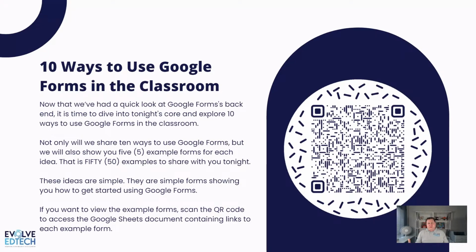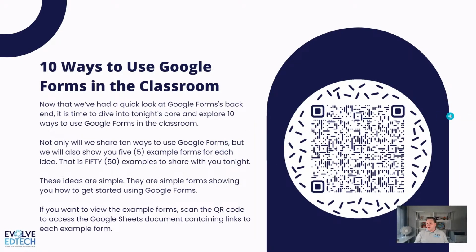If you would like to have a look at these yourself, you are more than welcome to. They are open to people, so you can respond to those if you'd really like to. Just head over and scan the QR code just here on the screen, and you'll be able to head to my Google Sheet, fingers crossed if I have set this up properly, so that you'll be able to have a look at those and access those.